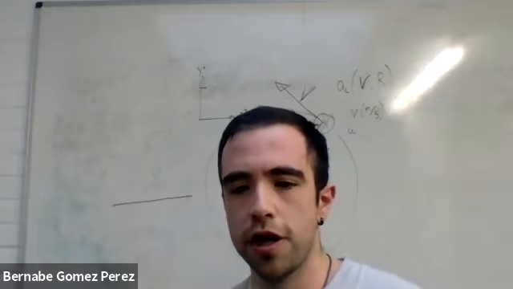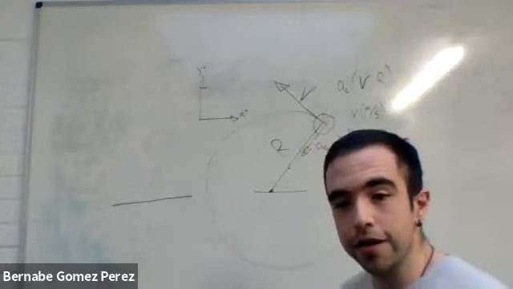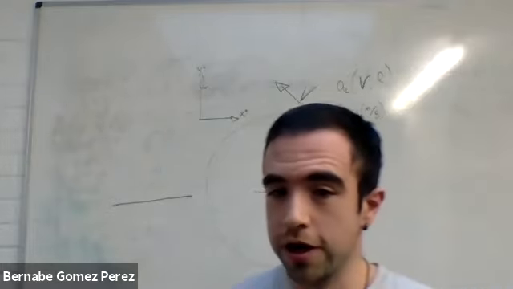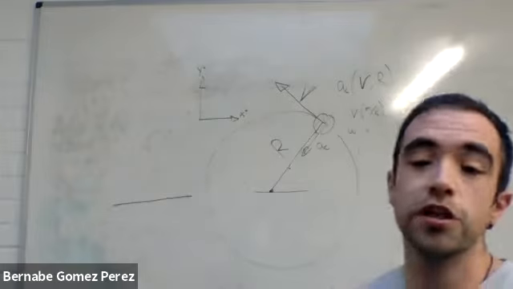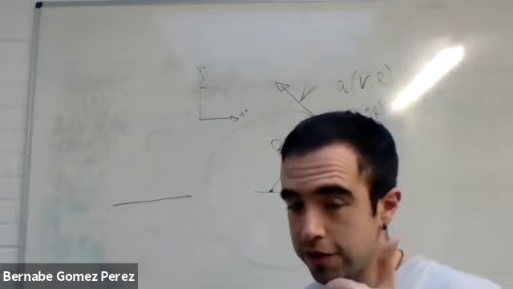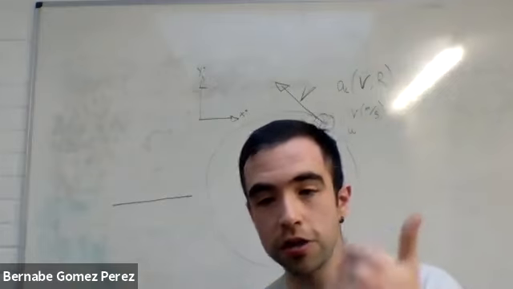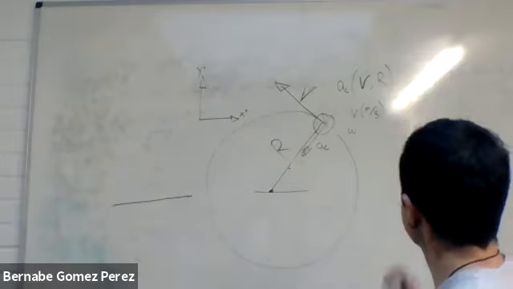How do you measure angular? In angles? Perfect, exactly. So you need angles and you need something else. What else do you need for being a velocity or a speed? Angles and something else. Seconds, angles and time, okay?